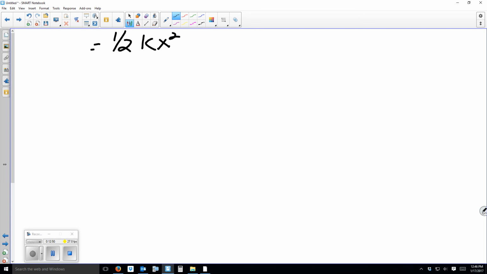No, it doesn't. The 1/2 is still 1/2, so I put a 1. Just because I compressed my spring further, did that change how stiff the spring was? No, the spring is what the spring is. But I did compress it 3 times farther. I've displaced it 3 times farther than it was. And when I do all that, I get 9. What that means is that I am now 9 times what it started out.